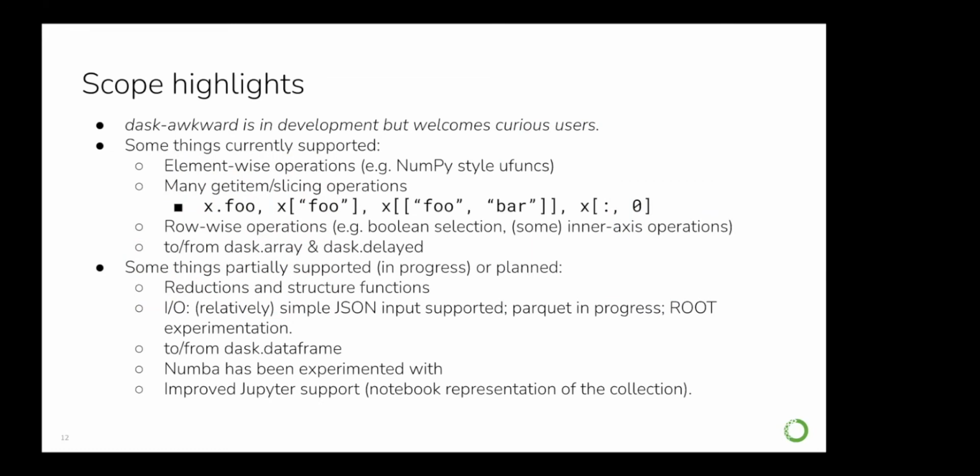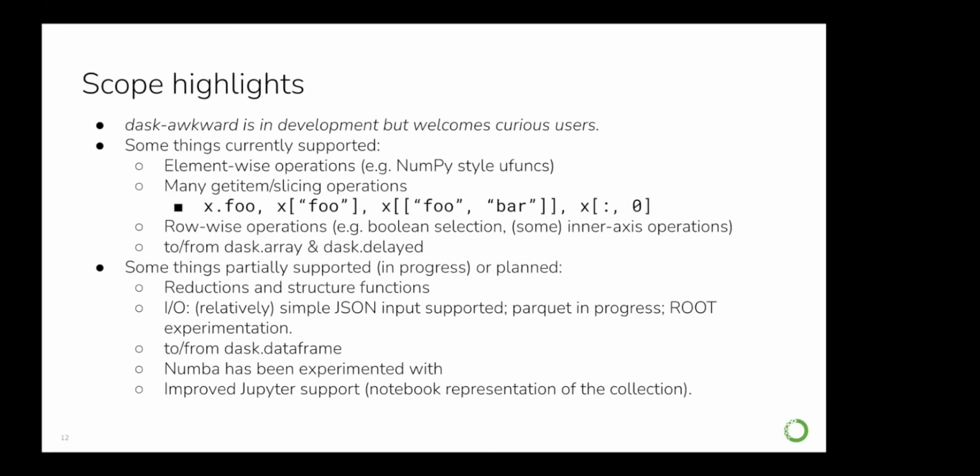Element-wise operations. So this might make you think of NumPy ufuncs. You can call numpy.sign on a Dask awkward array, and that will work. Many of the slicing operations, or Python's get item operations, work. So if you have an array that has a foo field, x.foo, or string get item, the string slice, that will work.